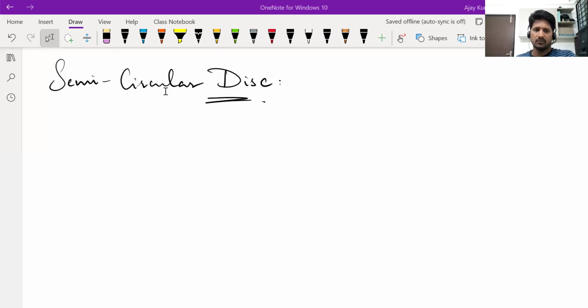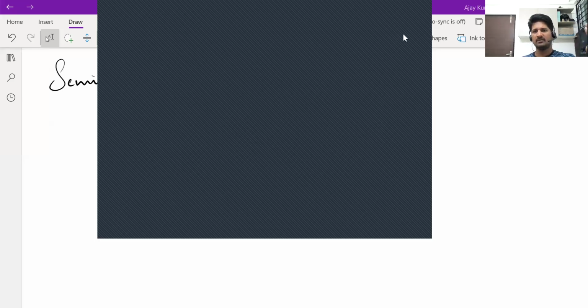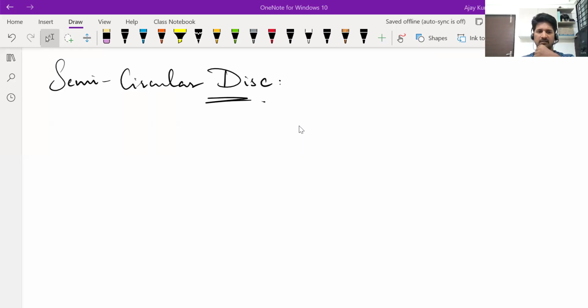See, there's no proof or anything for this. It is simply visualization. Can you bend a line and make it a disk? Is it possible? Can you bend a wire and make it a disk? No, sir, a disk is a surface. Okay, a disk has a surface. You can't simply bend a wire and make a disk out of it.